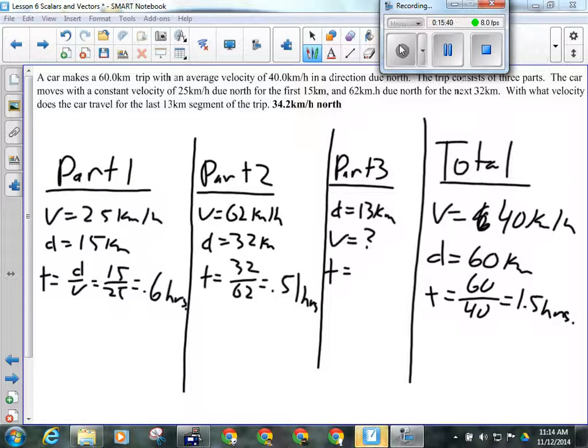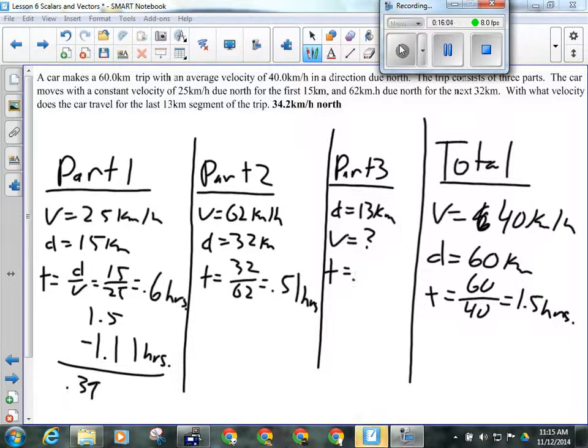What's left must be how long part 3 took. I've got 1.11 hours as my total between part 1 and part 2, since 0.6 and 0.51 is 1.11 hours. So I subtract that from 1.5.